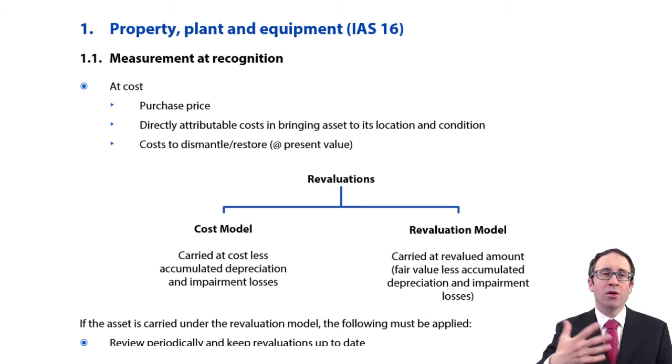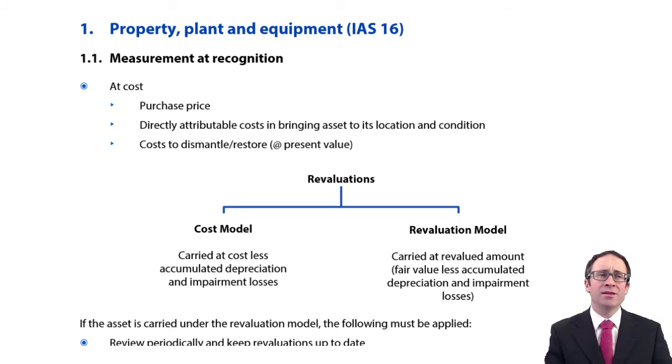Well, the way in which we look at all of these accounting standards is effectively we look at what happens initially in terms of your initial recognition and measurement. We then look at subsequent measurement, and then we look at the derecognition. And that takes you through the story, the journey of your asset's life, from when we initially purchase it to when we ultimately sell it, and then what we do in between.